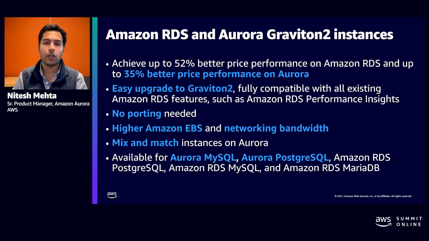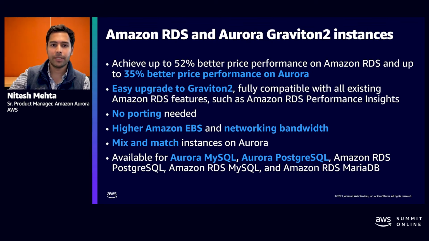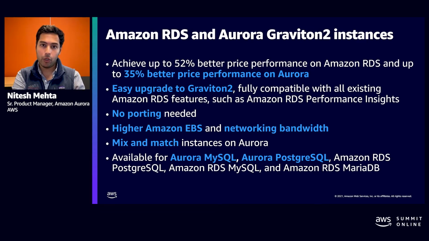Like I mentioned, Graviton2 processors themselves provide higher Amazon EBS and network bandwidth. So that means that your network-bound traffic is being processed faster, which for some of our performance-minded customers is really important for high resiliency, high performance applications. On Aurora specifically, you can create up to 15 read replicas within a cluster. So you have one primary node and 15 read replica nodes, or readers, that serve read traffic.